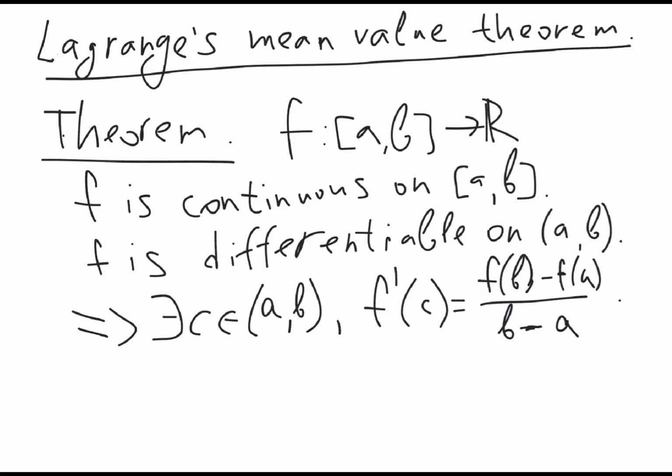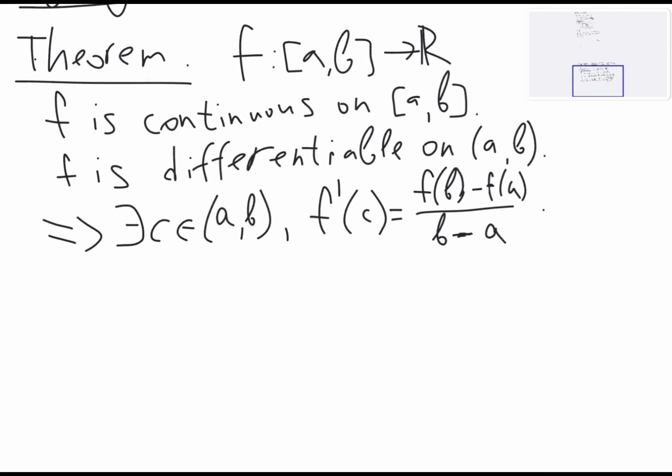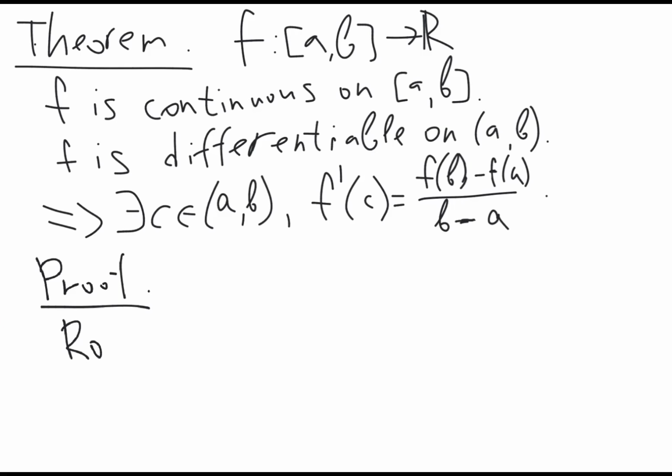So let's consider the proof, and it's actually not very difficult to prove. Recall that there is a Rolle theorem that looks similar, but the Rolle theorem is a particular case of this theorem.